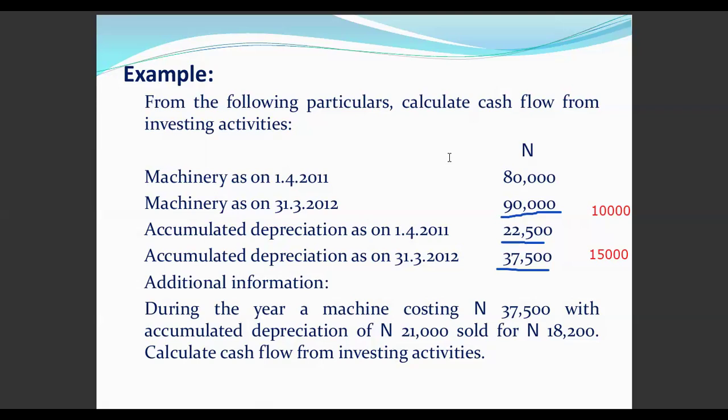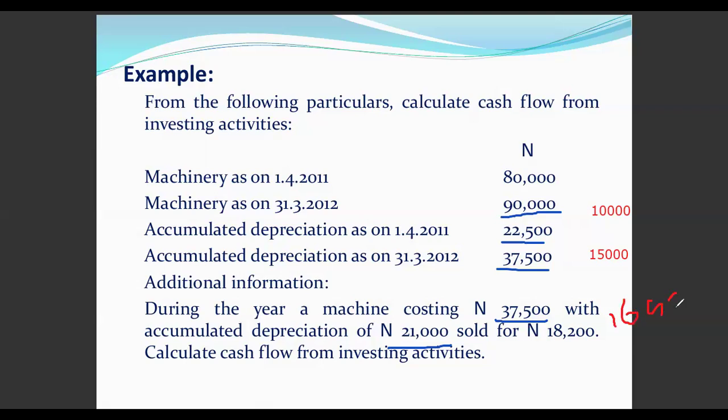Third, they have given the adjustment where the machinery, which was costing rupees 37,500, had 21,000 depreciation. It means if I adjust 37,500 minus 21,000, the cost of machinery was 16,500.